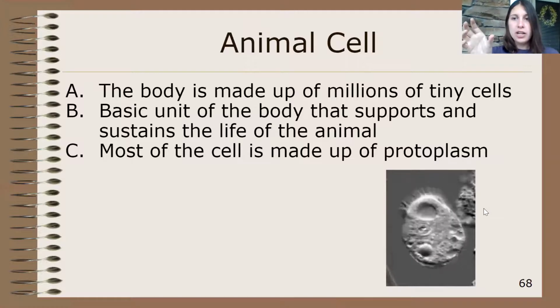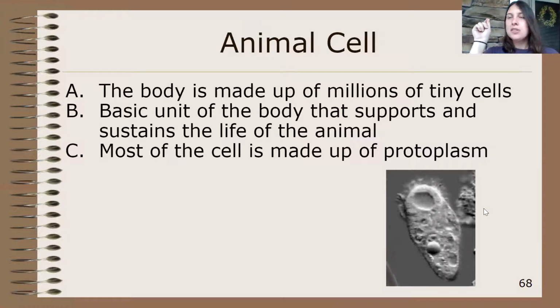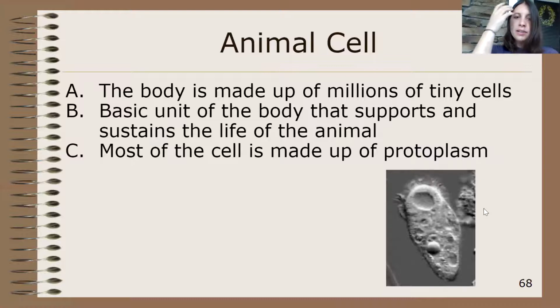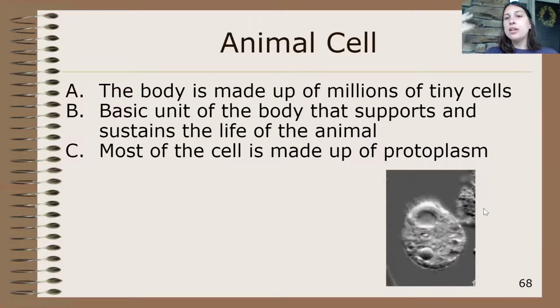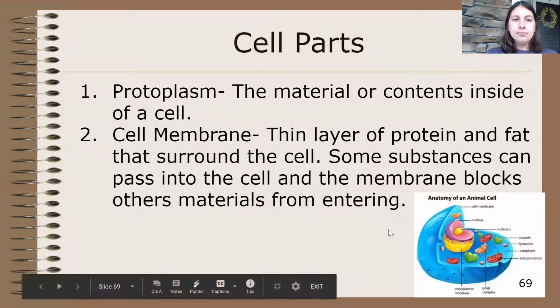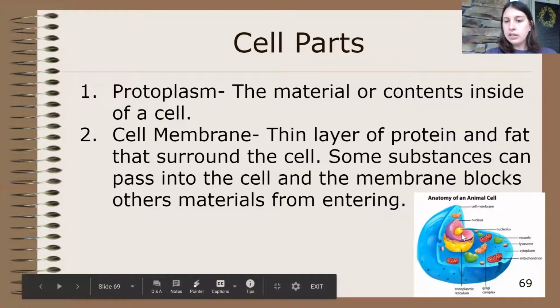Like if you had a bowl of jelly and you put little things in there, like, here's a sprinkle to symbolize something, here's a piece of cereal to symbolize something else. I pictured the jelly as the protoplasm. It's the goo that holds everything together. Protoplasm is everything, including the organelles inside of the cell.